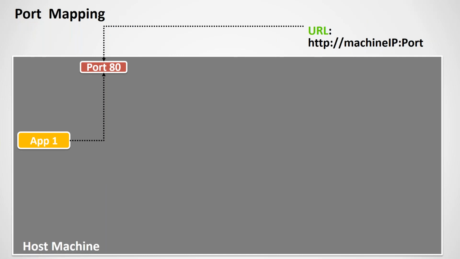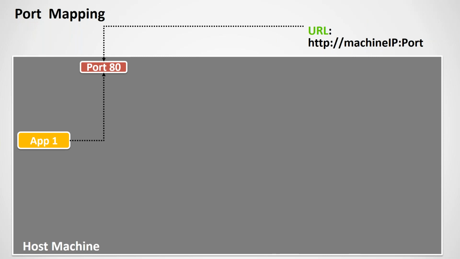The connection will be coming to the port available on the host machine, because you will not be able to reach the application directly, but through the port number visible on the host machine. So this is the default way.